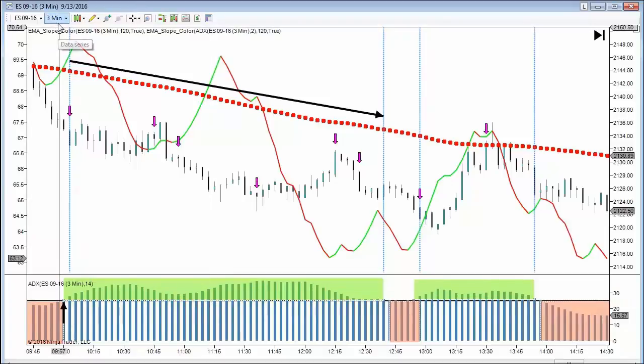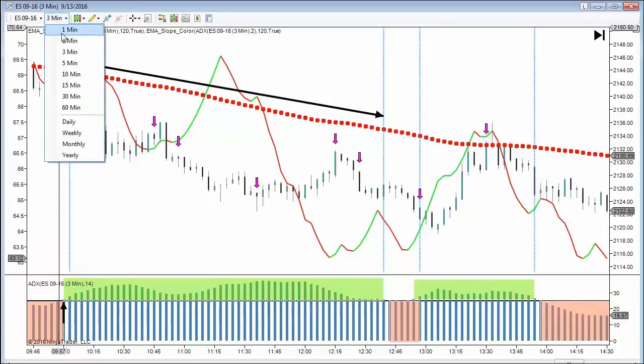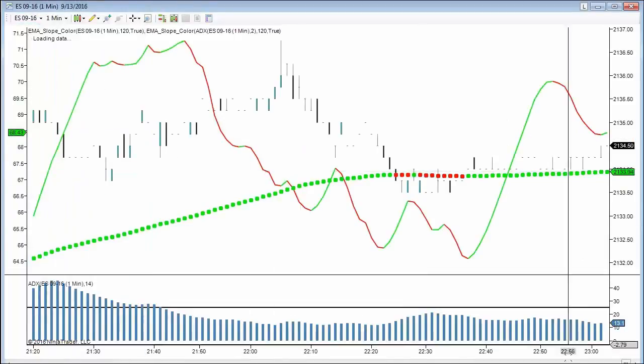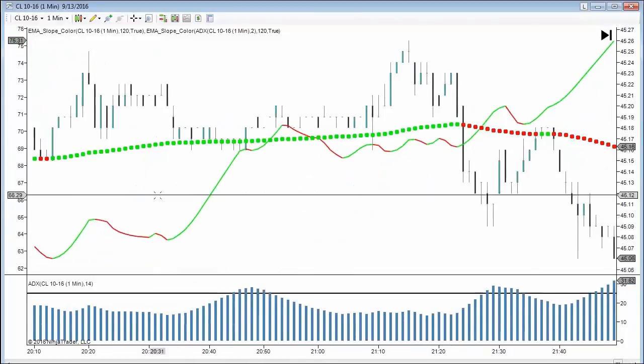You can apply this to any market, any time frame. If you wanted to change it to a crude chart on a 1 minute time frame, you can use that.